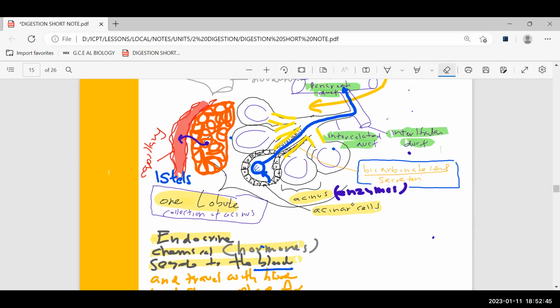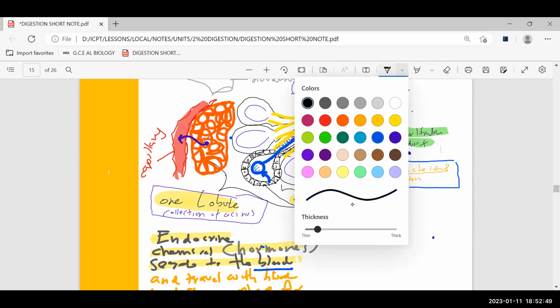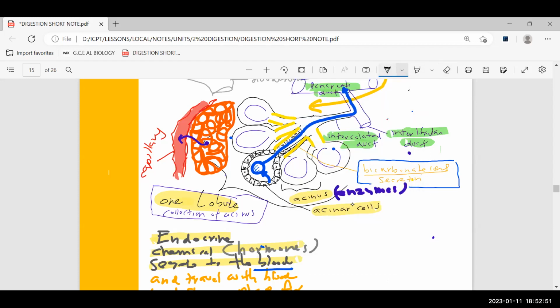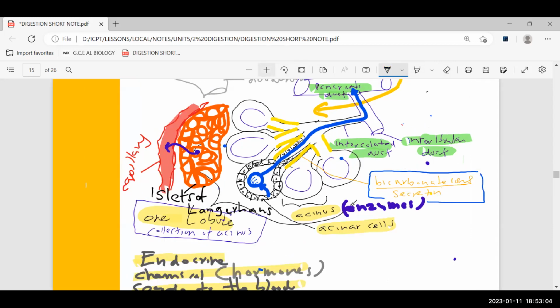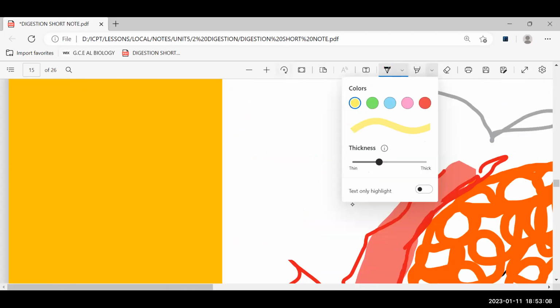That's an islet. This one is called islets of Langerhans. So just make it bigger. Okay, too big.